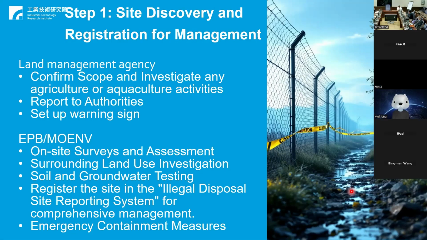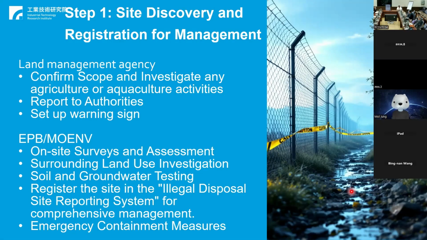Also the EPB and the Minister of Environment will conduct on-site surveys, including investigation of the surrounding land use, and soil and groundwater testing. They then register the site in the illegal dump disposal site reporting system. Immediate emergency isolation is required.